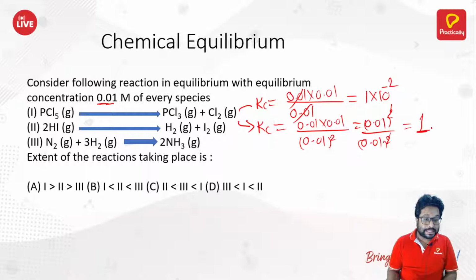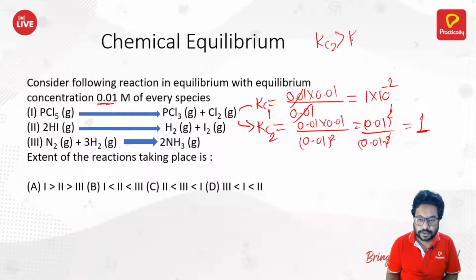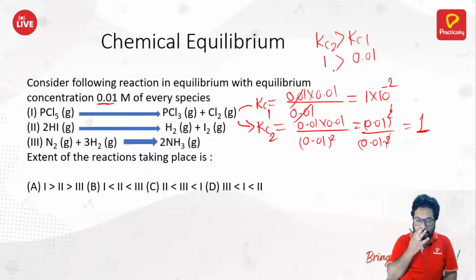Now you can clearly see here that Kc2 is higher than Kc1. Why? Because Kc2 is 1 and Kc1 is 1 into 10 raised to minus 2, which is 0.01, which is definitely smaller than 1, right?